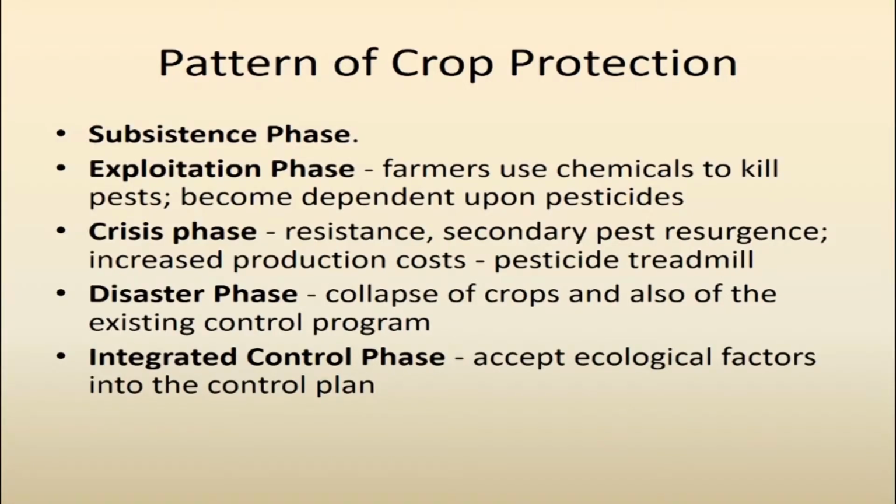This led to the crisis phase where we faced resistance, resurgence, residue, secondary pest outbreak, and it increased the production cost, and there was a disaster of all the crop production systems throughout the globe. This is reported by almost all the scientists who are working in the globe, and this paved a way for thinking about the integrated control phase wherein in place of controlling the insect, we should go for the management of the insects.